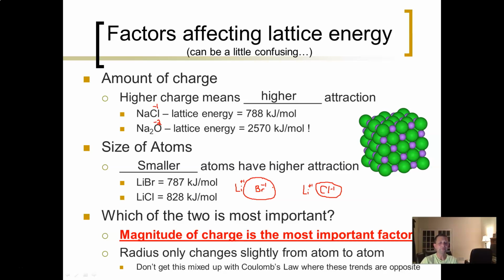opposite. Remember, for Coulomb's law, when we looked at attraction of nucleus to valence electrons, okay? Again, nucleus to valence electrons, the most important thing was energy levels, okay? If I said, which one's more important here for this, like shielding, or I should say, nuclear charge, like number of protons, or the size of the atom, the number of energy levels for chloride and bromide.